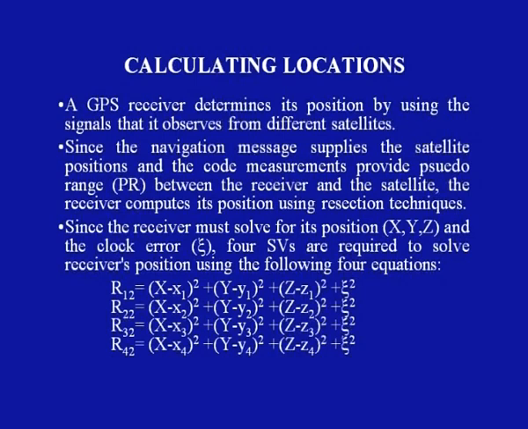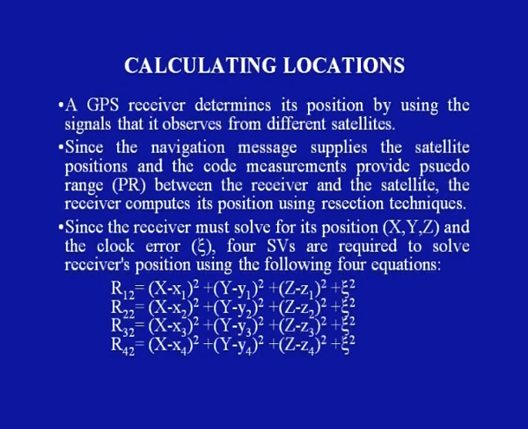Here, the receiver must solve for its position, that is X, Y and Z, and the clock error xi, from 4 satellite vehicles, using the equation given below.